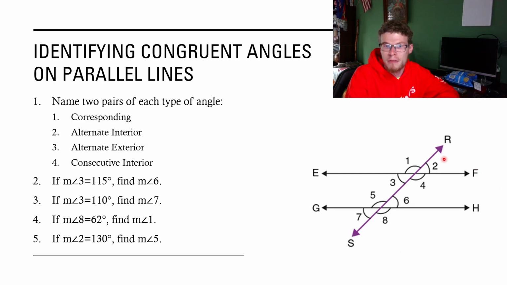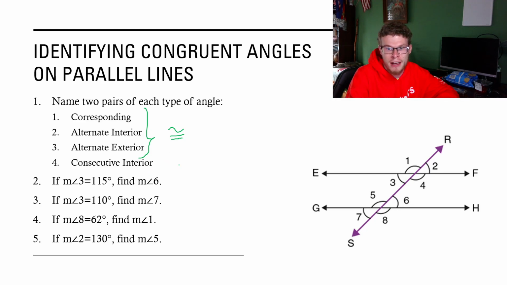Now, consecutive interior angles are unique in that they are not congruent. All of these ones right here, corresponding, alternate interior, alternate exterior, are congruent. Unlike consecutive interior angles.